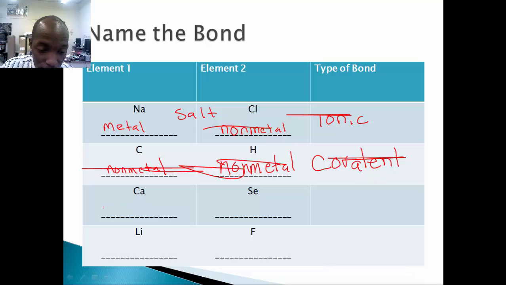Calcium is a metal. And selenium is a nonmetal. A metal and a nonmetal is an ionic bond.